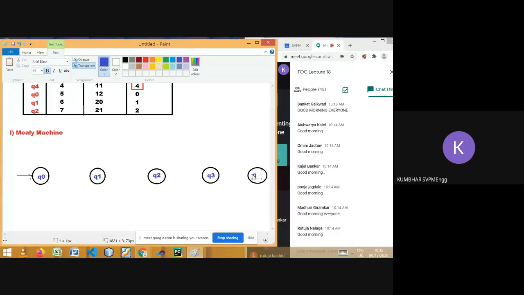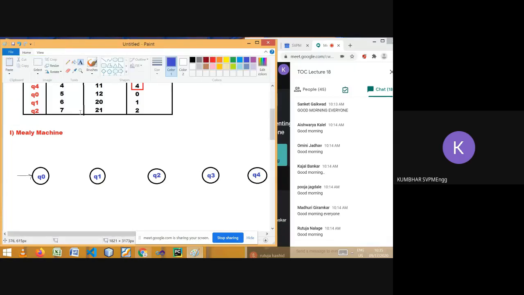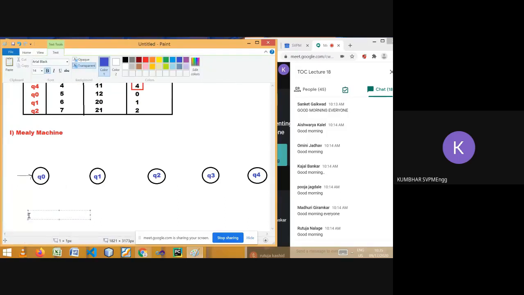After Q4 there will be no new state. Again Q0, Q1, those transitions will be there. So let's check. If I am in state Q0, it means I have the input 0, which may be a single 0 or a number of 0s. Correct?